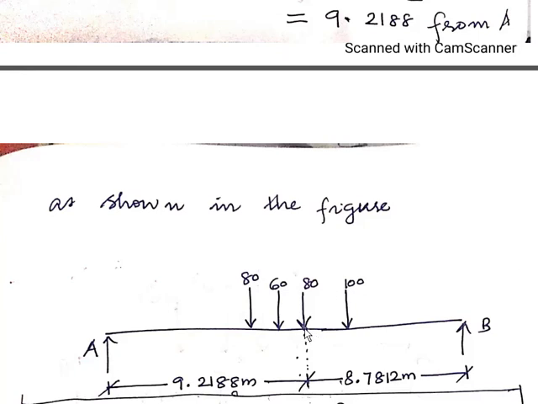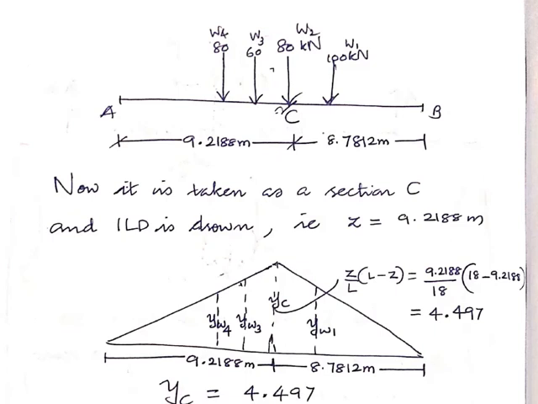So the point under the load W2 is taken as the section C here, and draw the ILD for bending moment for this section. That is, Z equal to 9.2188 meter is the section.